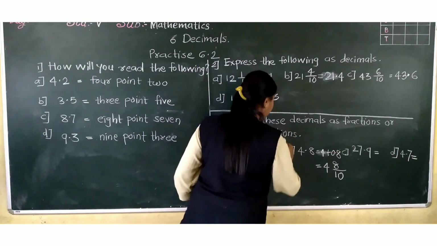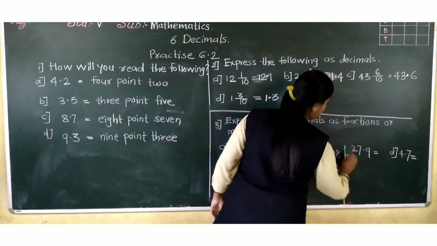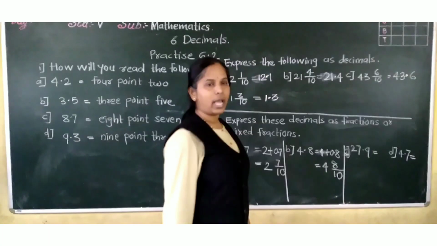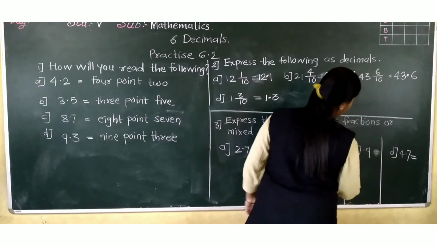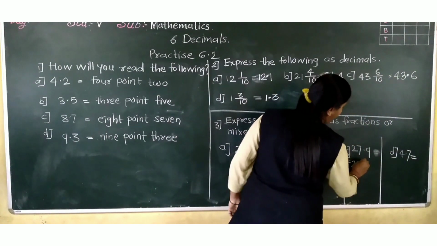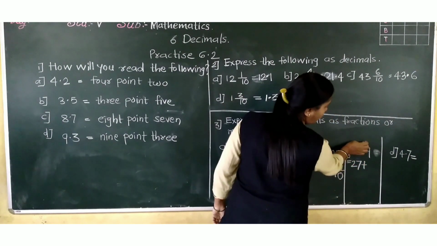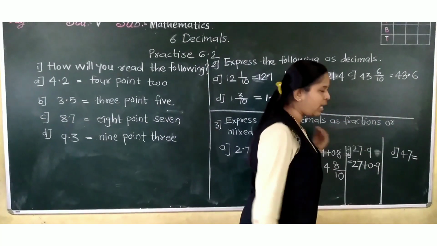Next, 27.9. Okay. Now 27.9. How will you show that 27.9? See here. Whole part write as it is, plus here instead of whole part I will write 0.9. That 27 I remove.